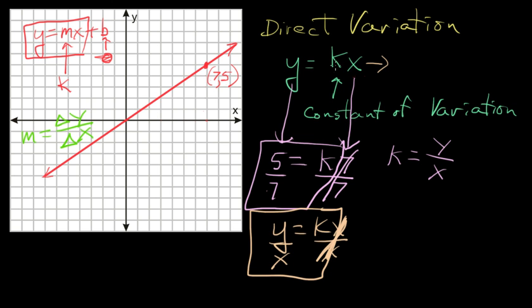So if you want to find k, you just take the y and put it on top of x, and that gives you your k. You say, which point do I use? I can use any point that the line passes through. I put the y on top and the x on the bottom, and that gives me my constant of variation, k.